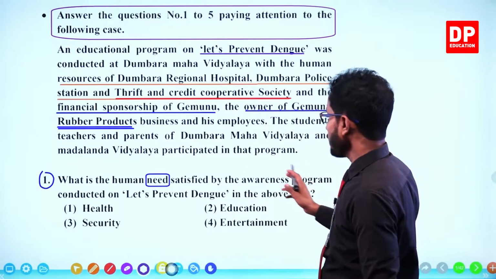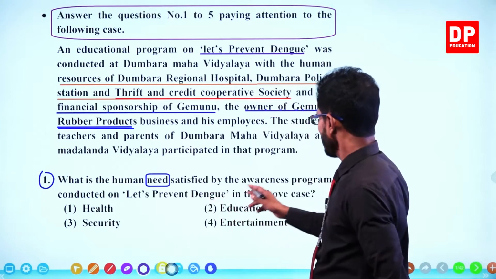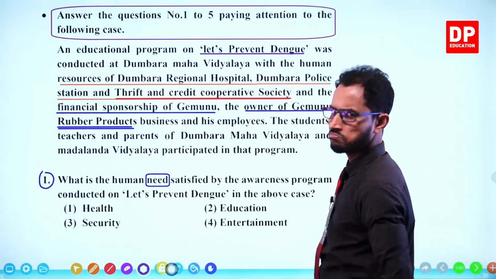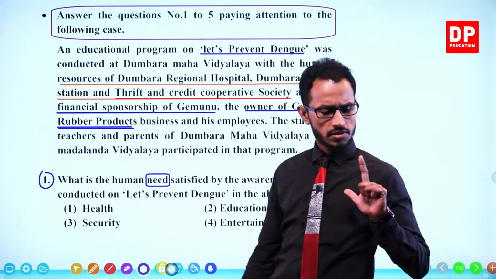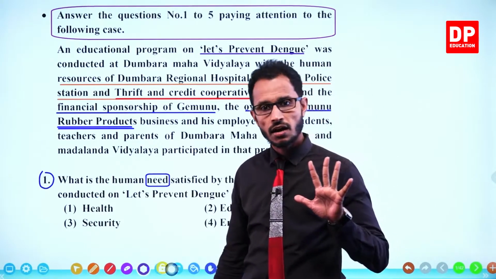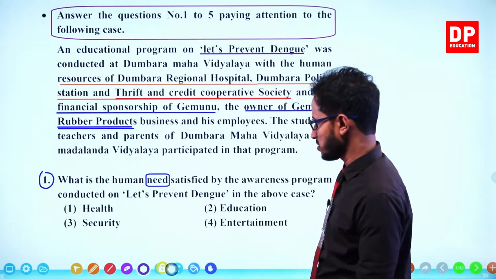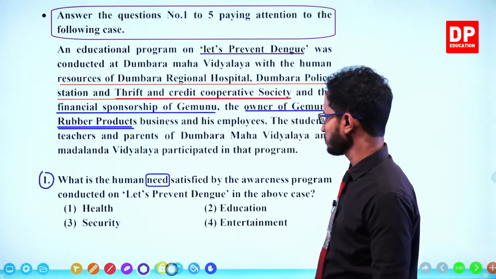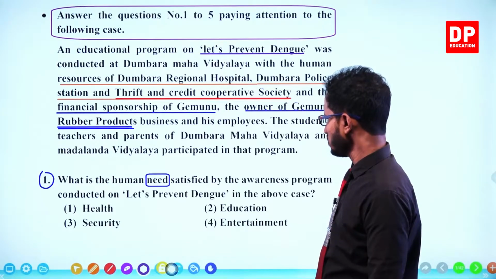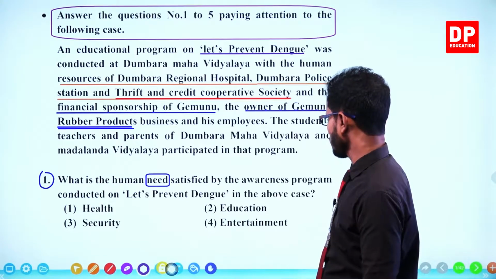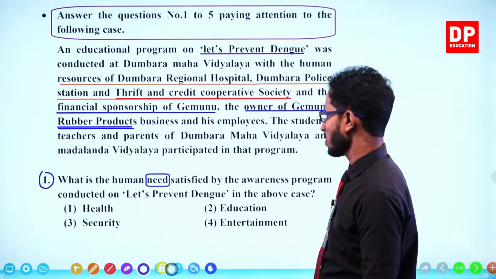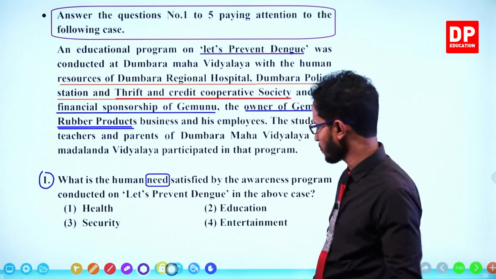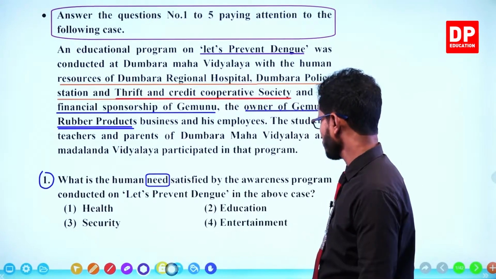Need satisfied by the Let's Prevent Dengue program. Is it health? Health and education are included in the 5 basic needs. Education. Awareness program. Security? No, I don't think so. Not security. Entertainment?